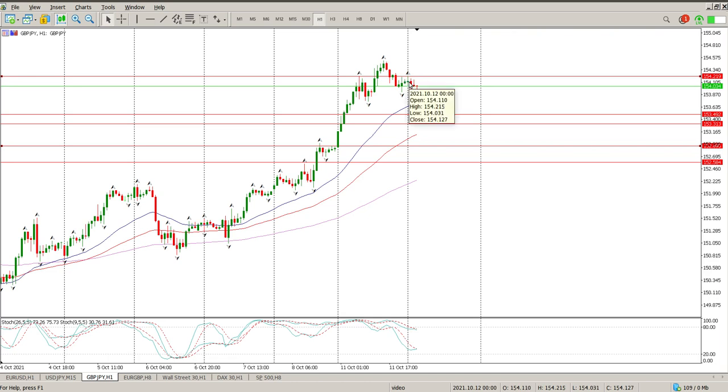So London breakout strategy. If we go sideways for the first 7 bars, that's typically what happens during the Asian session. And then if we see the buyers come in again and start breaking this 154.219, and that would be on the 5 to 15-minute charts, get a close above that.